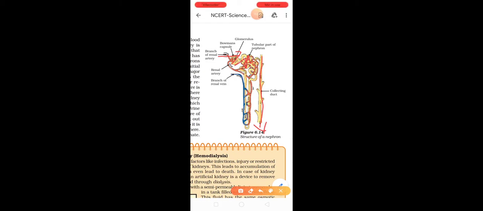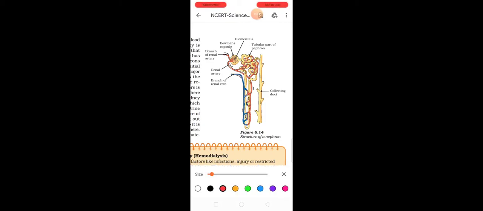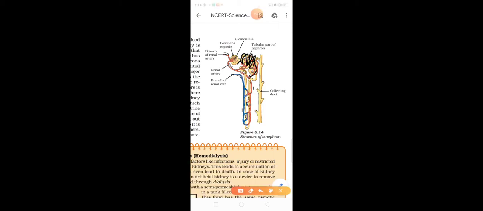Now the things which need to be reabsorbed, selective reabsorption, as I told you, will take place in this tubule. This tubule will take glucose and amino acids and give them into the blood stream.